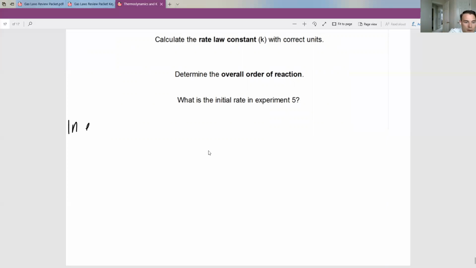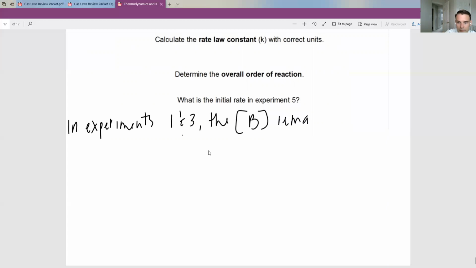So in experiments 1 and 3, the concentration of B remains the same. That's what I did. I looked at two trials where B remained the same so I can figure out A. I can't have two things changing or else the math isn't going to work. So that's my first part.